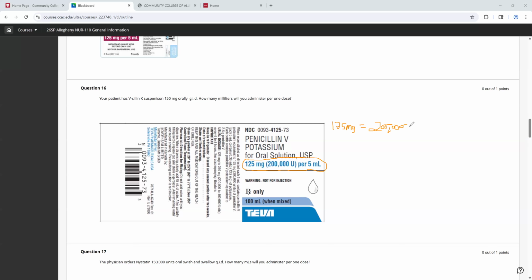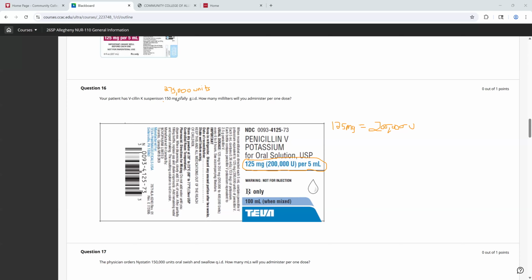Sorry again about my terrible handwriting. This is with the mouse. So they're equivalents. Why is that important? Let's say instead of 150 milligrams, the order was for 275,000 units. Then you wouldn't need to do any converting, because I can use the units with a units order.